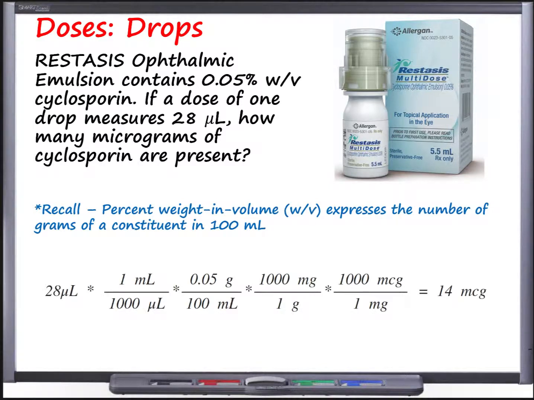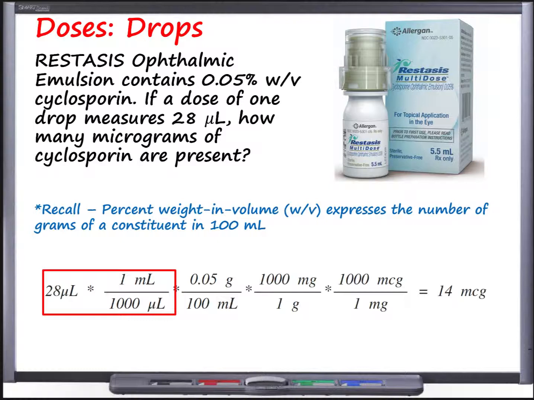I'll go ahead and show you my calculations down below, and we'll go through it step by step. Where we need to start in this question is the volume of a drop. We want to know how much drug, how much cyclosporin, is in 1 drop. So we start with the fact that the drop has a volume of 28 microliters. Looking ahead, we know that our percent weight per volume is going to be in grams per milliliter.